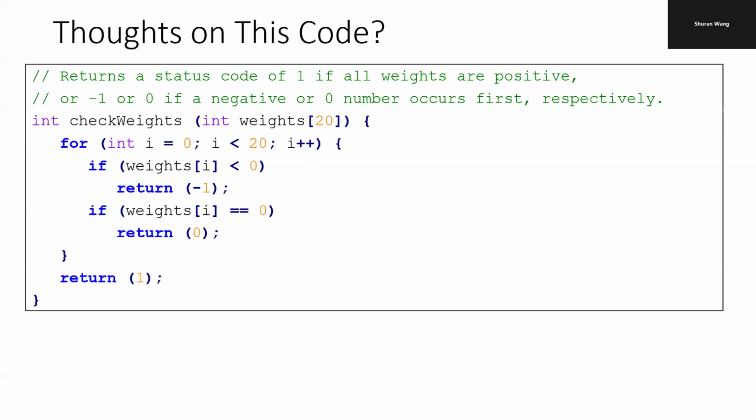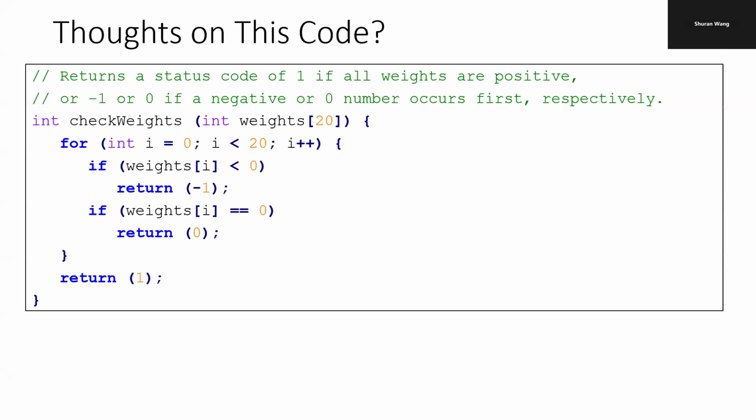Yep. The 20 is a magic number. And anything else? The -1, 0, and 1 as return values are coming from nowhere. And you have to know the code pretty well to know which number we're looking for.